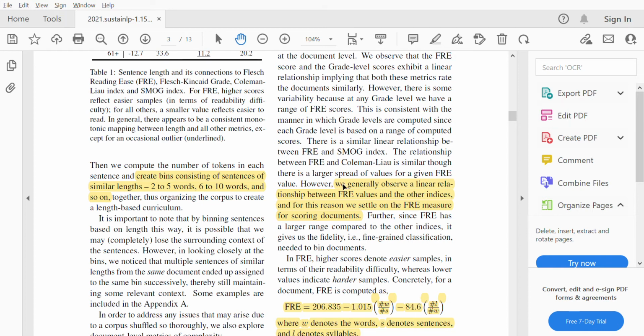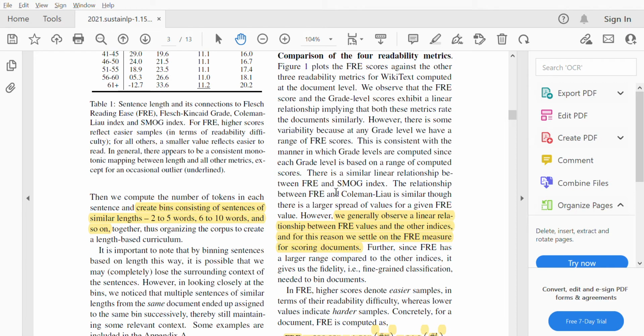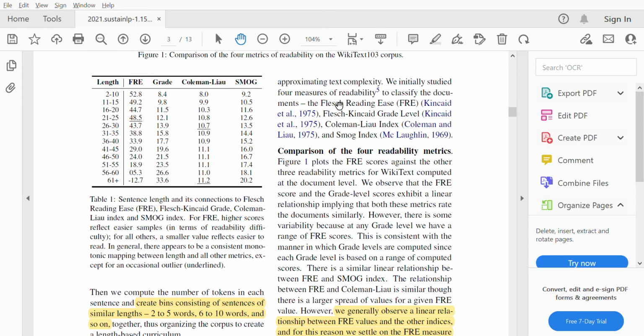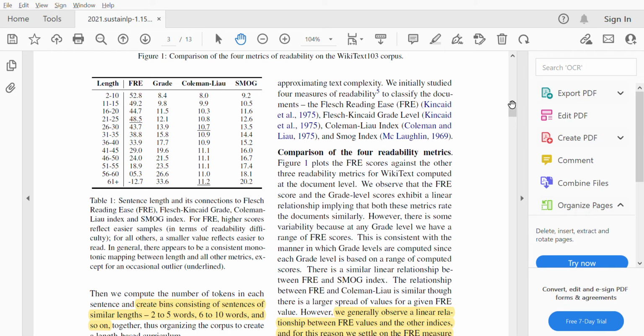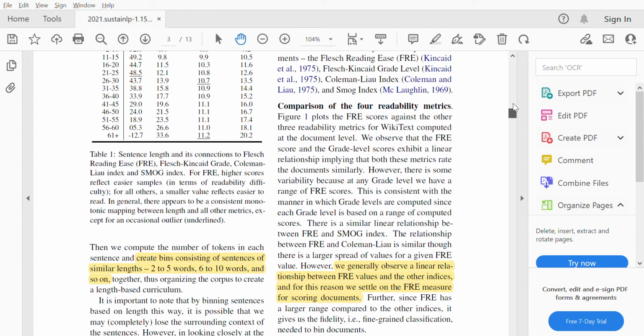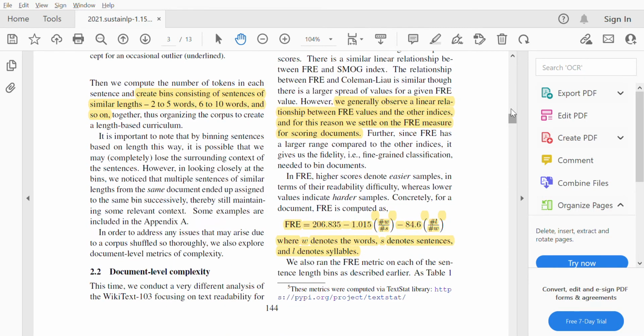So they specifically are using this FRE score. FRE stands for Flesch Reading Ease. That is going to give us a sense of how complex a particular document is. We're looking at the number of words as well as the number of sentences and the number of syllables.